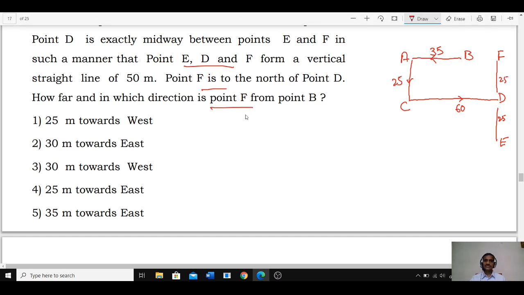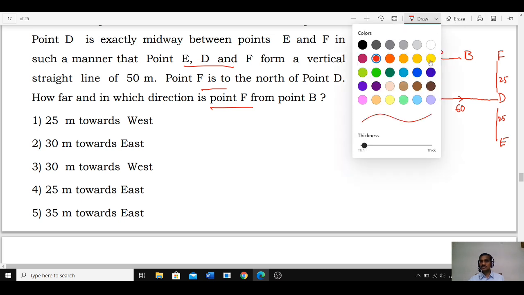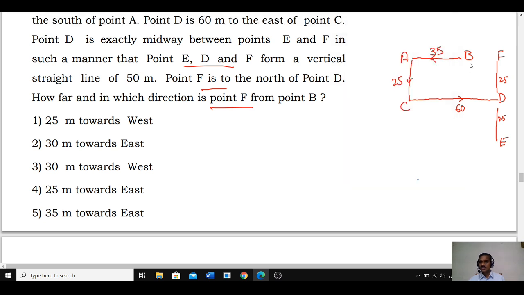How far and in which direction is F from point B? That's what the question is. Now we need to find out the distance between these two. Up to here this is 35, this 60 can be written as 35 and 25.